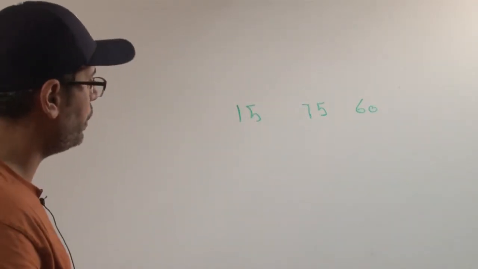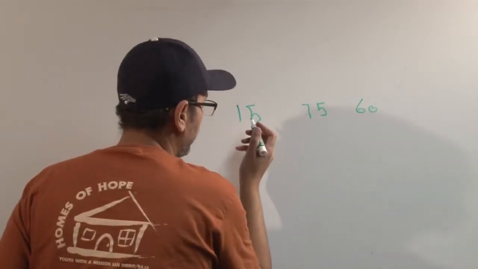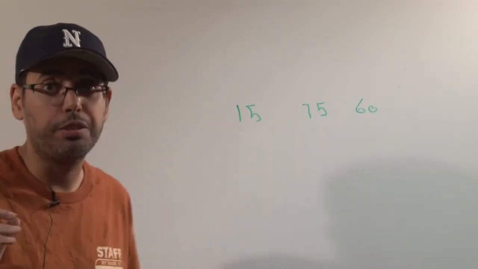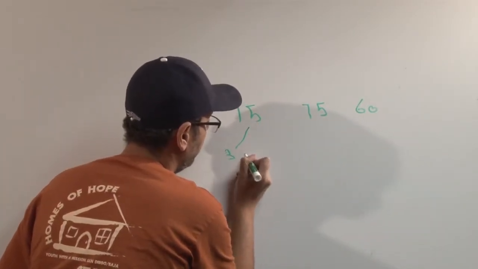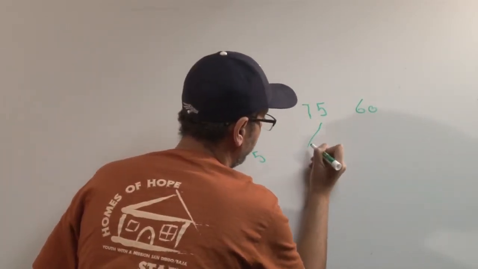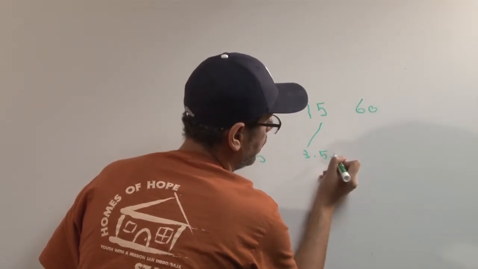How about those 3 numbers? Let's get the prime factors first. What's 15? 3 times 5. 75? 3 times 5 times 5.